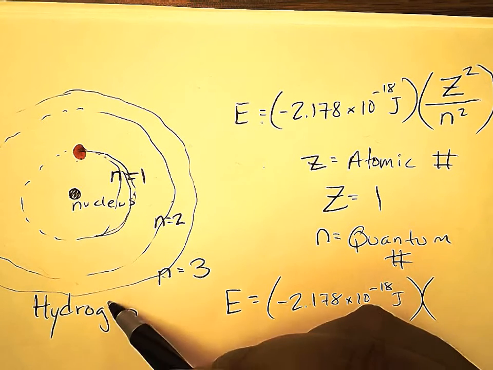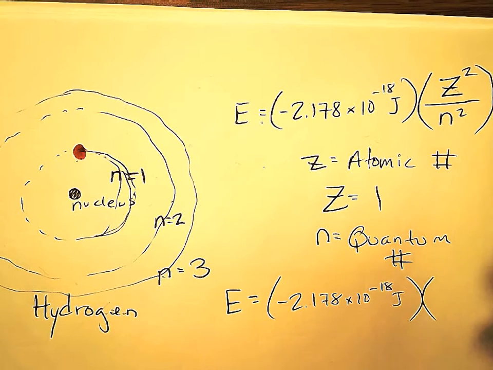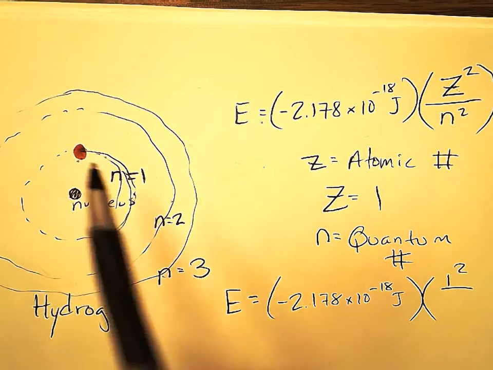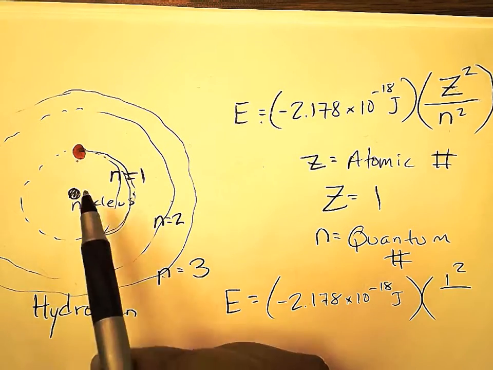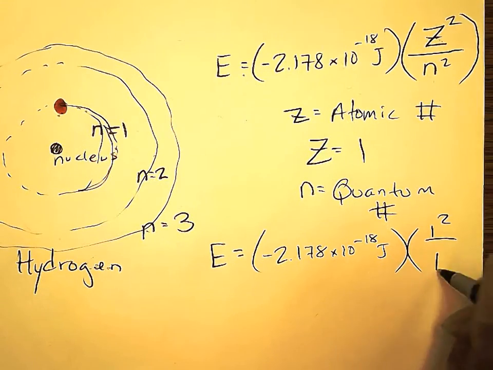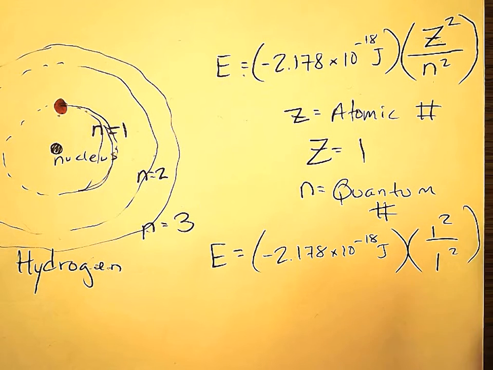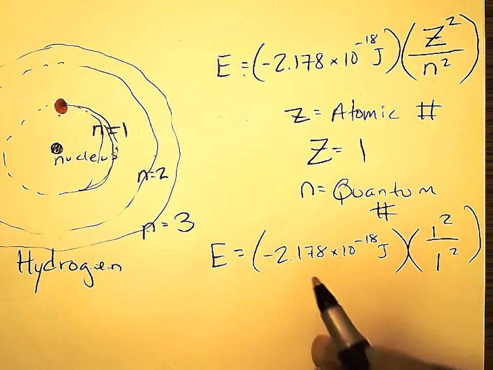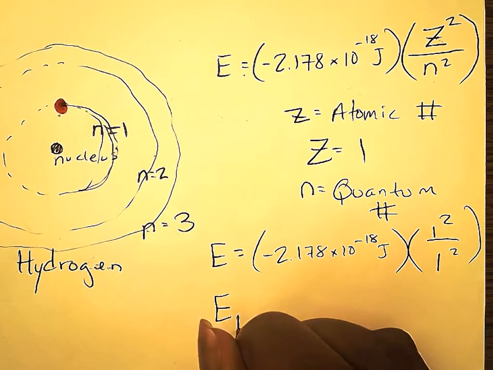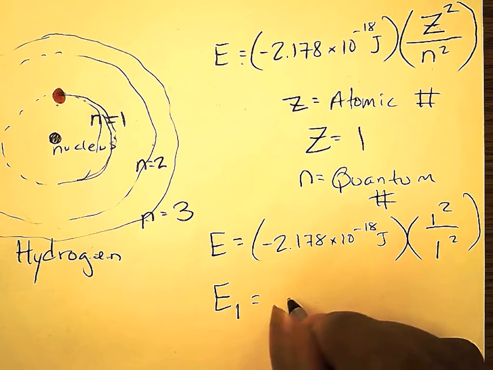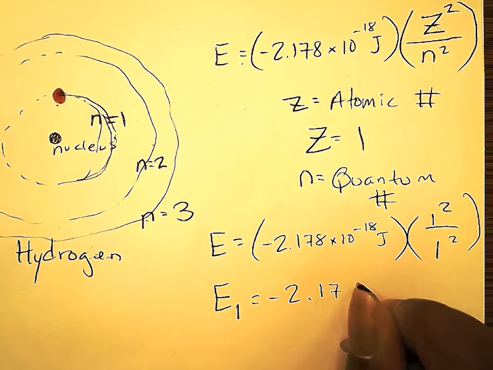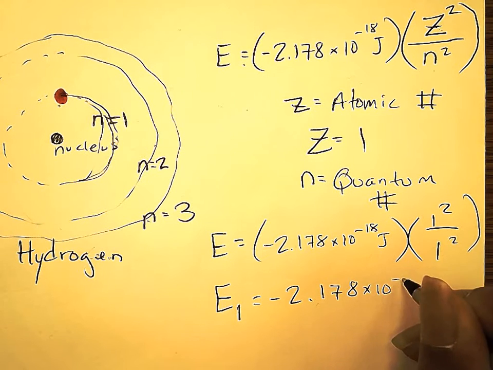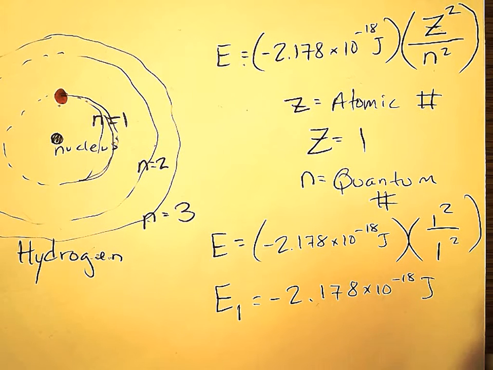If I'm hydrogen, my Z is 1, so 1 squared over, if I'm on the first ring, then my N is also 1, so that's 1 squared on the bottom. 1 squared over 1 squared is 1, and any number times 1 is just that number, so E of the first ring is 2.178 times 10 to the negative 18th joules.